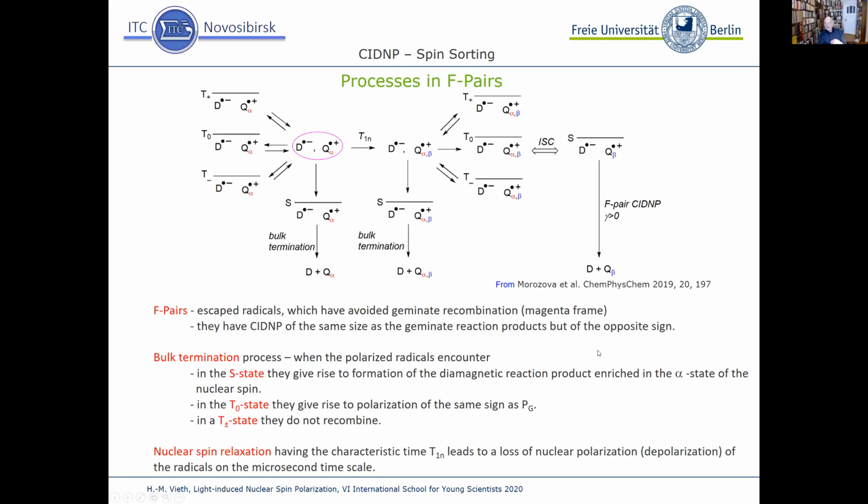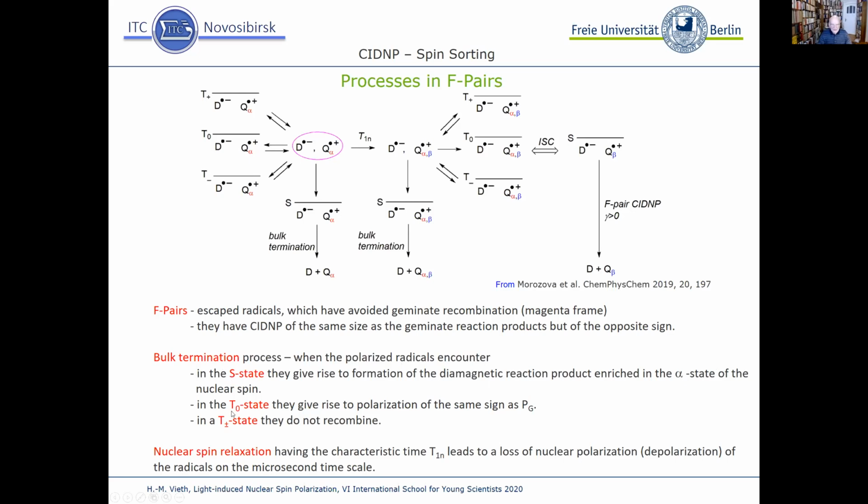They are enriched in the alpha state. So the reaction products, now you see at a later moment product molecules in the alpha state, meaning the overall nuclear spin polarization decreases because of such termination processes.